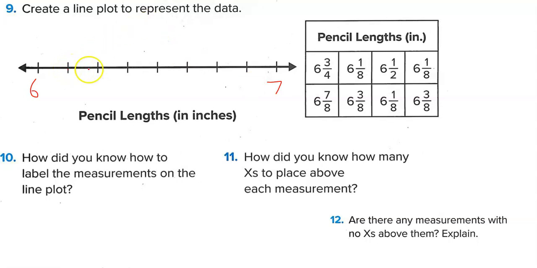See, 6 and 1/8, 2/8, 3/8, 4/8, 5/8, 6/8, 7/8, and 7. See, most of them are with denominator of 8. So I can put all of them. I will start with this. 6 and 1/8. 6 and 2/8 is not there, but see, 6 and 2/8.